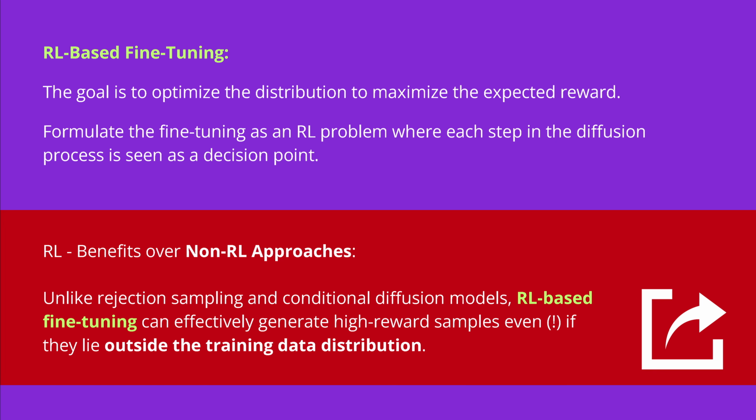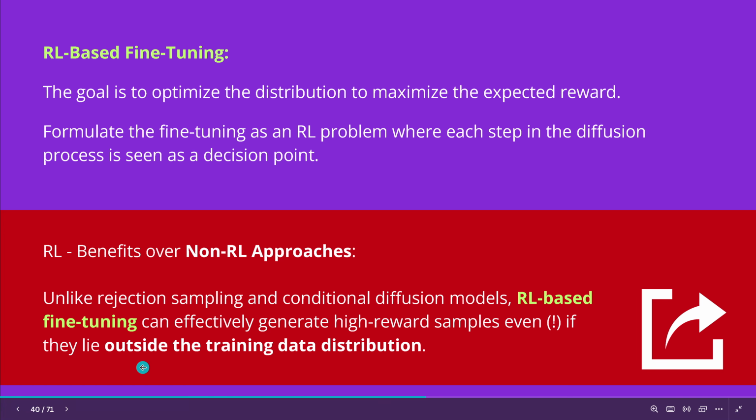Why? Because if we generate with our AI model now high reward samples, we can do this even if those newly generated high reward samples lie outside of the training data distribution in the fine-tuning phase.